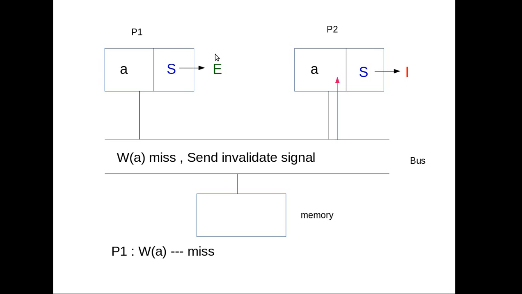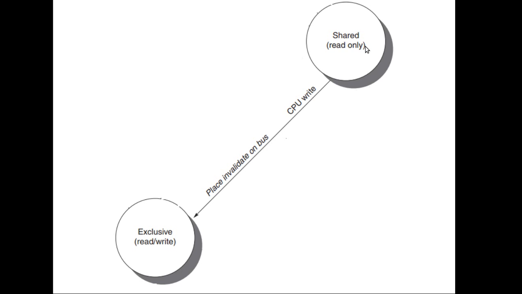Here if we observe, on write miss, a cache moves from shared state to exclusive state, and another cache moves from shared state to invalid state. So here we see that from shared state to exclusive state we are moving by placing an invalidate signal for write miss.